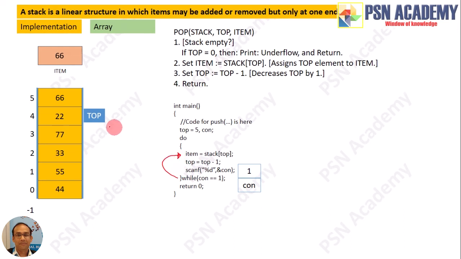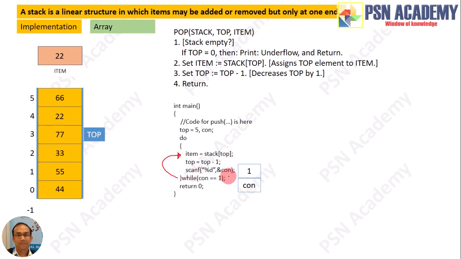Now you can see that the top's value is 4, so stack top means 22. So this 22 will be stored inside the item and the top will be decremented by 1, so that the top is standing at 3 now with the element 77 there, right?